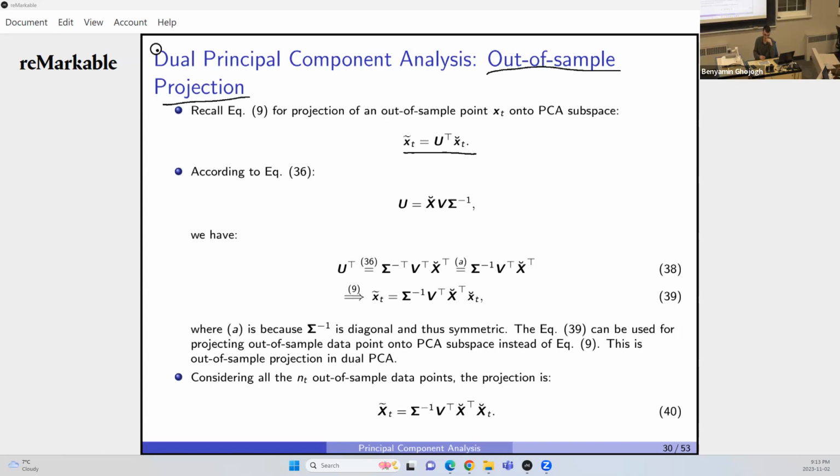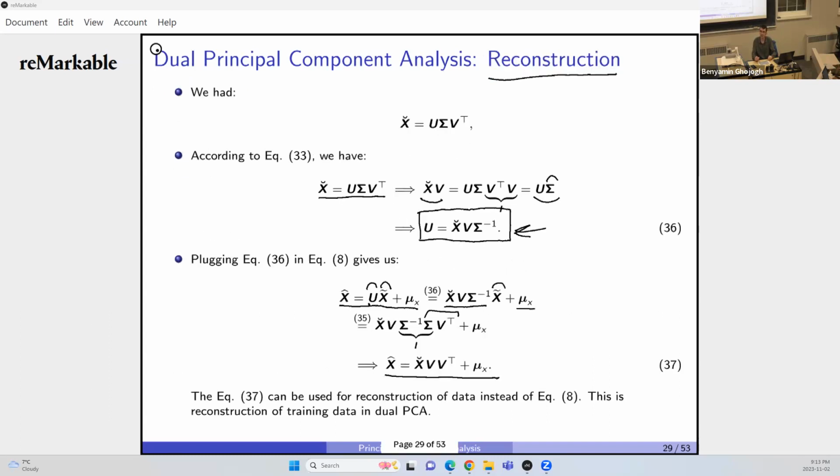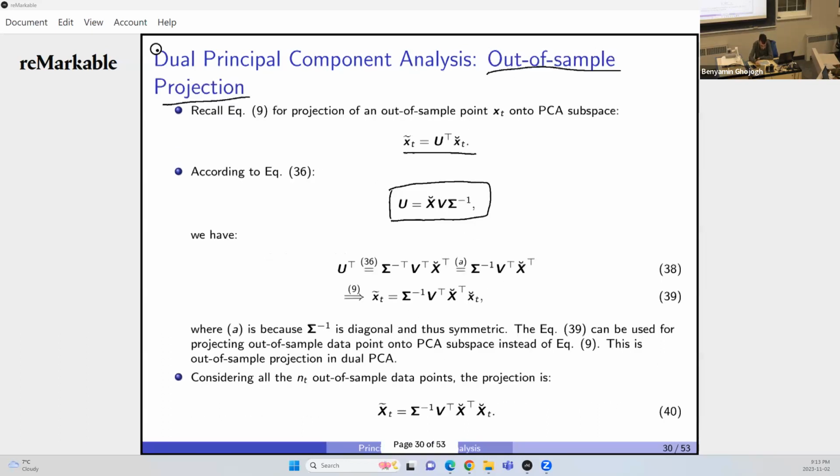So far clear? Do you remember we had this U? We had found it in the previous slide, equation 36, right? Now what do we do? Let's transpose both sides. We know that transpose reverses the order of matrix multiplication. So U transpose becomes sigma inverse transpose V transpose X breve transpose.